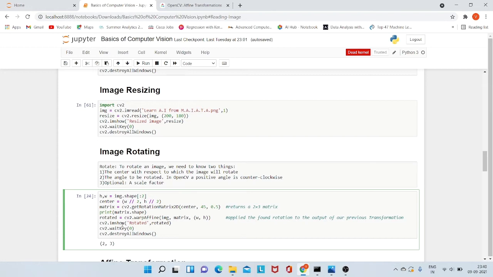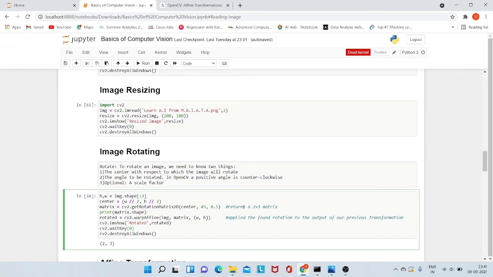Now I'm going to print the matrix.shape as well as show the rotated image. Let's just run this. This cv2.warpAffine will apply the rotation to the output of your previous transformation.